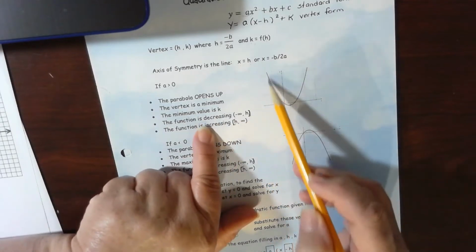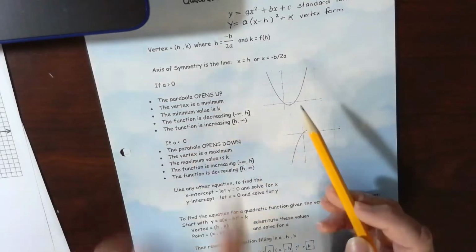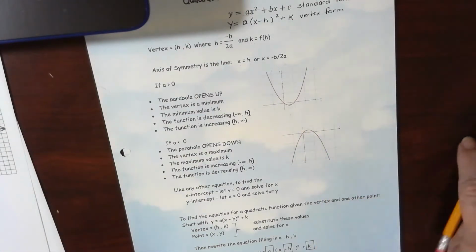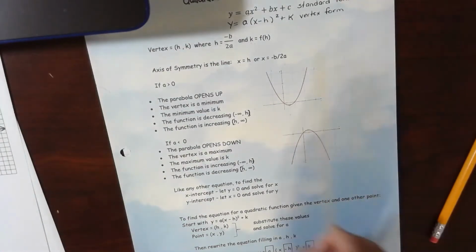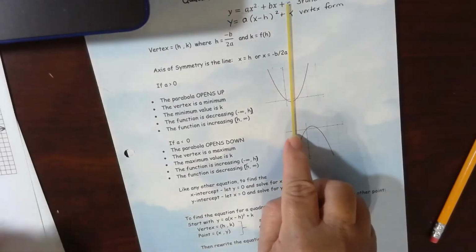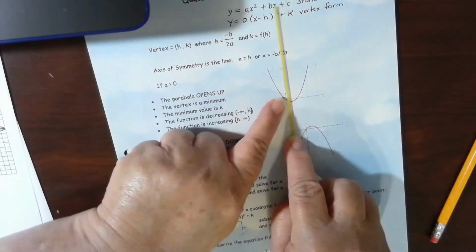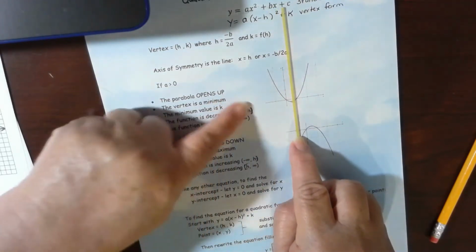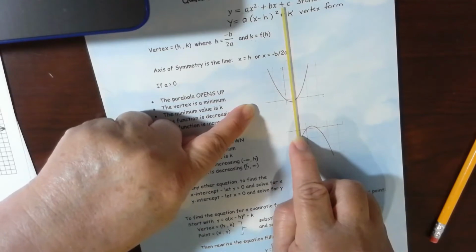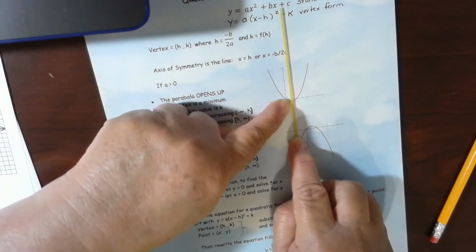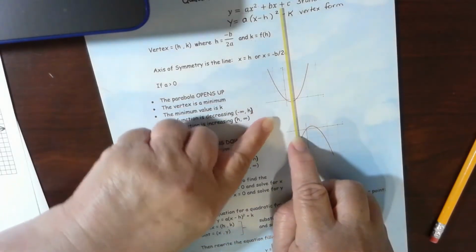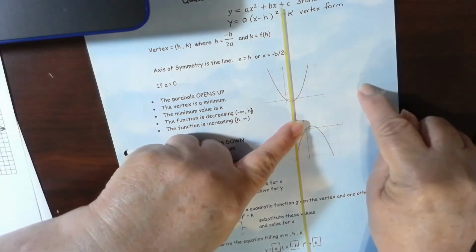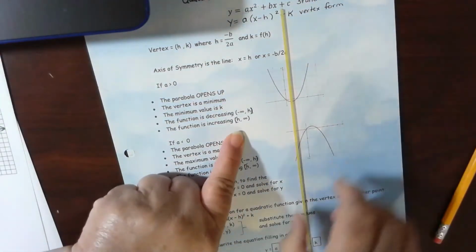You talk about the y values when you want to know whether it's increasing or decreasing, but then you talk about the interval on which that happens. And all of these y values are decreasing. So we talk about the x interval, which is from out here at negative infinity all the way to h, whatever that h value is. And then it's increasing from that h value always to positive infinity.